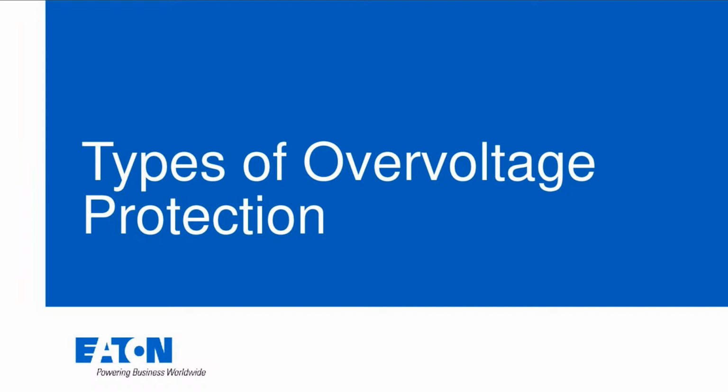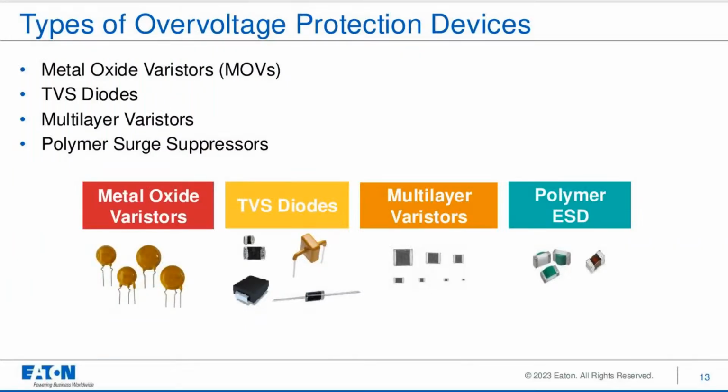We will now discuss a few common overvoltage protection technologies. The four technologies we will consider are metal oxide varistors, TVS diodes, multilayer varistors, and polymer surge suppressors, all of which provide overvoltage protection but differ in terms of cost, size, capacitance, durability, speed, and energy handling capability.